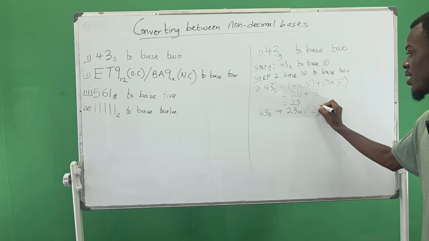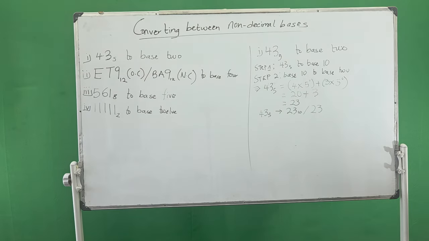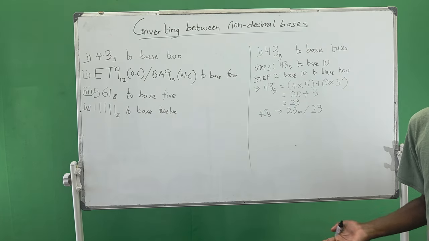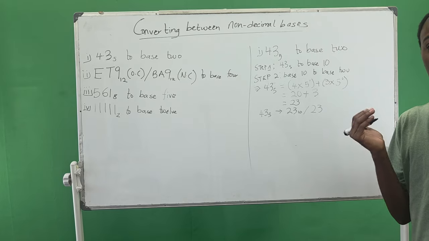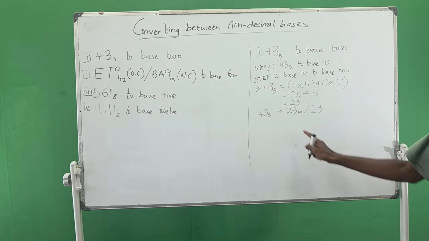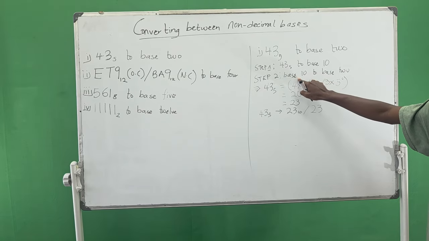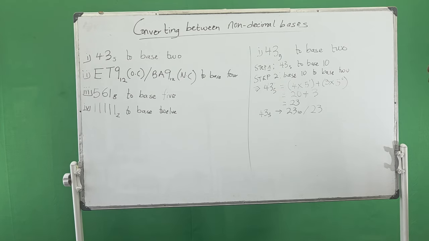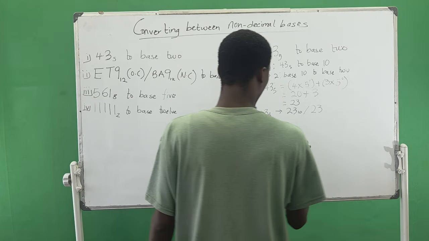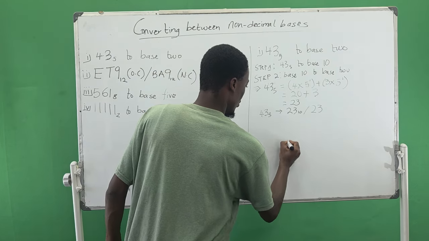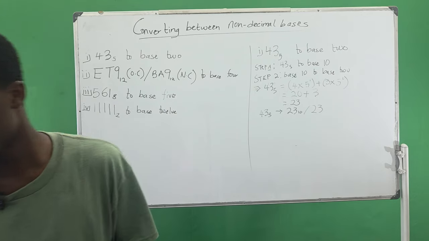As I said, base 10 is the common one that we use, which are decimals. So now step 2 is to convert from base 10 to base 2. This is where we do our table. So let me just change.